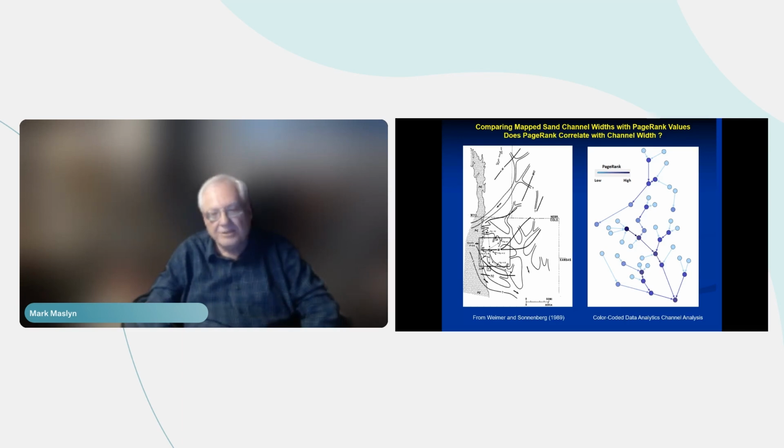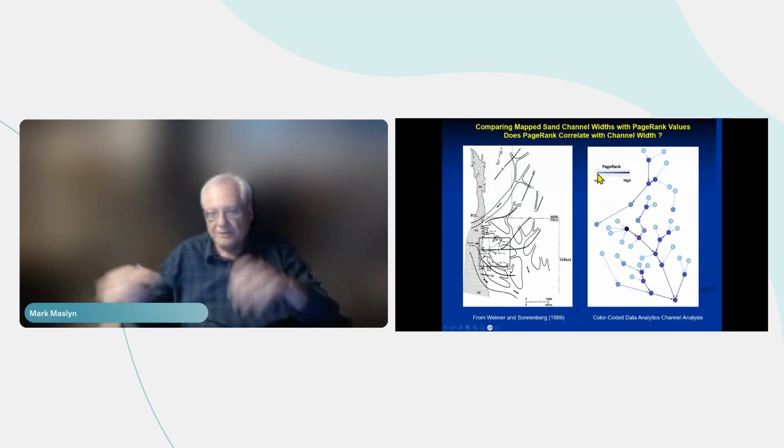I exported the values, the locations, into Gephi, and Gephi did the data analytics of the PageRank values. And on top of that, Gephi did a really nice job of color coding it.